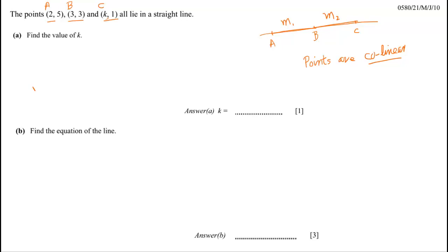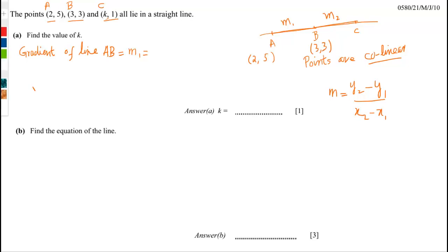So what is gradient AB? That is M1. So the gradient of the part of the line AB. Using the gradient formula, it is y2 minus y1 over x2 minus x1. Here A is (2, 5) and B is (3, 3).